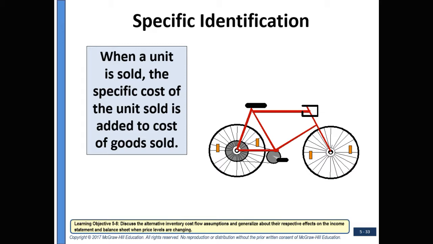It does not work well for anything that is mass produced. So with 8,000 pens, we really cannot specifically identify which pen we sold. Specific identification is one of the least frequently used inventory cost flow assumptions because it requires the ability to specifically identify the item at the point of sale.